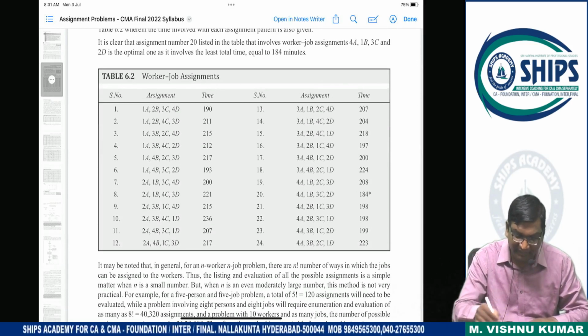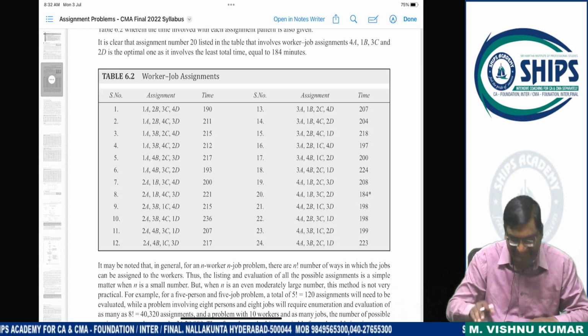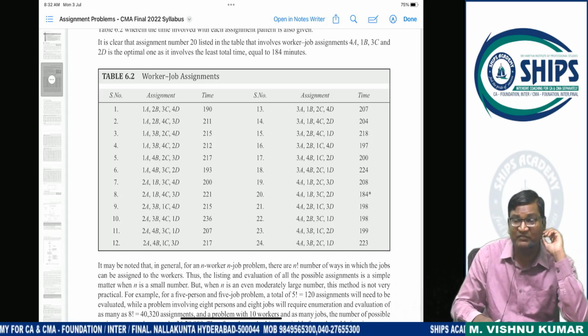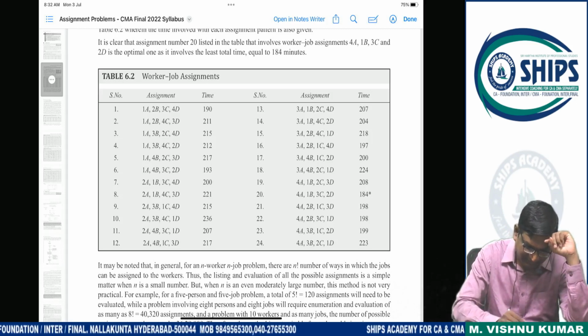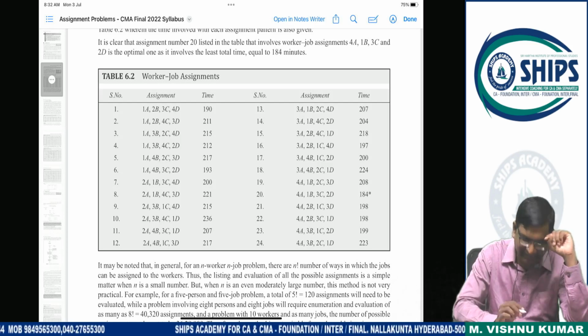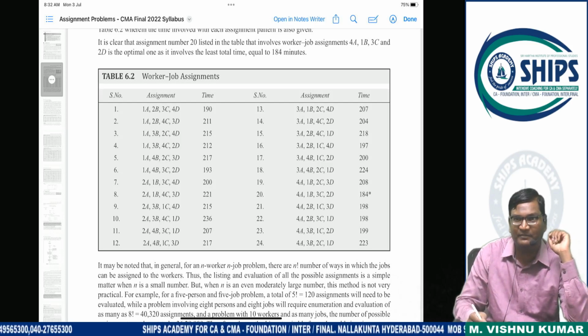In these 24 combinations, in which combination is the time less? We have to see that. Like job A given to worker 1, job B given to worker 2, job C given to worker 3, job D given to worker 4. Then A worker 1, B worker 2, C worker 4, D worker 3, we have to make combinations like this.